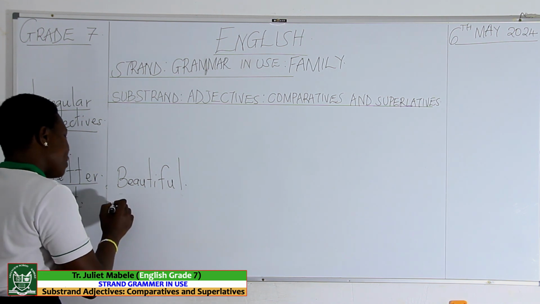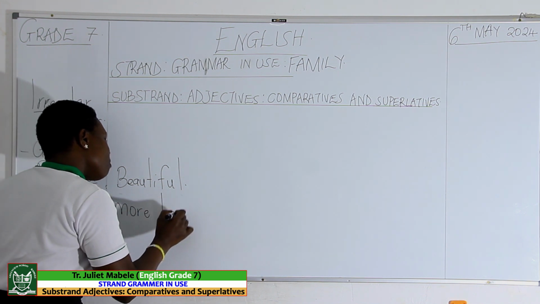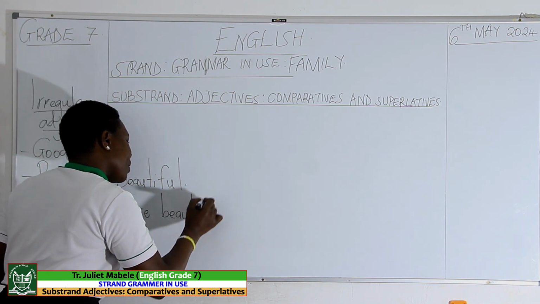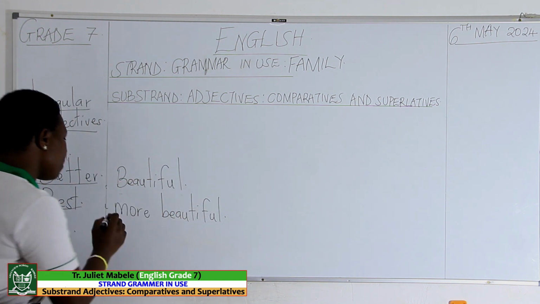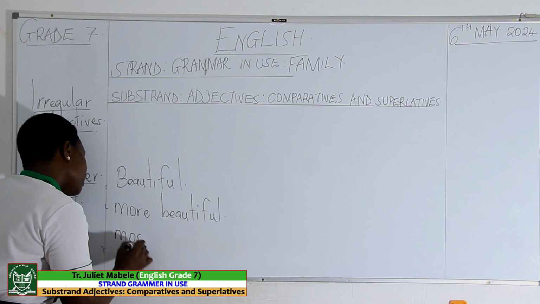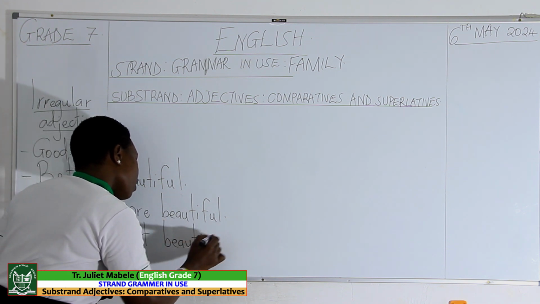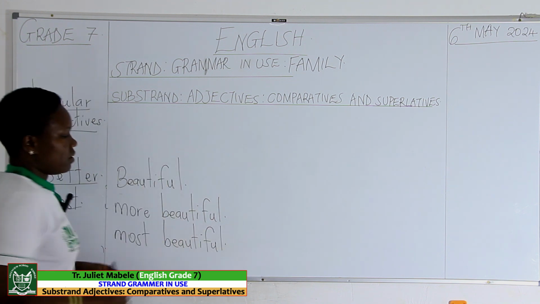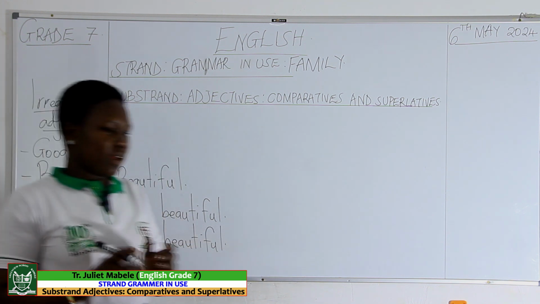We introduce the word more in the comparative form, so it will be, she is more beautiful. We are comparing. And in the superlative form, we introduce the word most to make the superlative form of the adjective beautiful. I hope we are together up to that point.